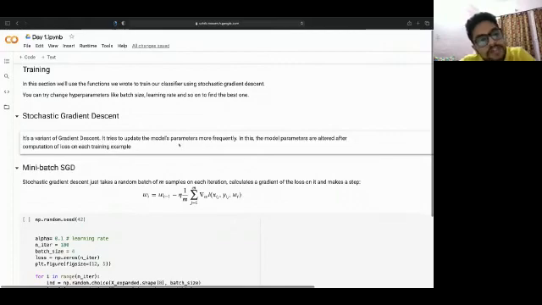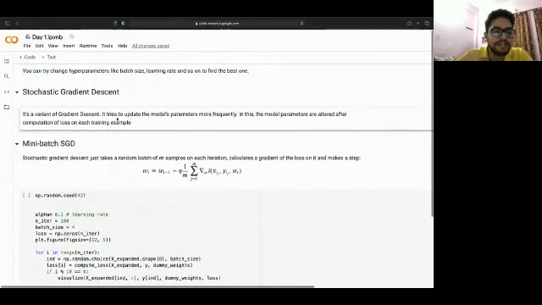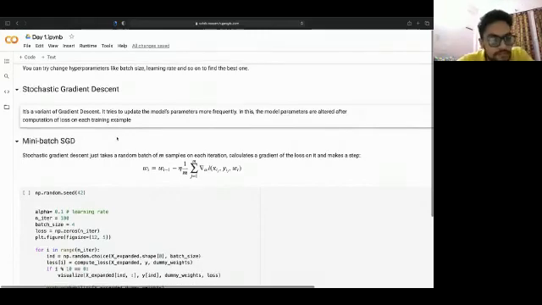What stochastic gradient descent means is that it tries to update the model's parameters more frequently. That is, the model's parameters are altered after computation of loss on each training sample. So in gradient descent, we were looking at all samples at the same time, but in stochastic gradient descent, we look at one training sample per time unit.